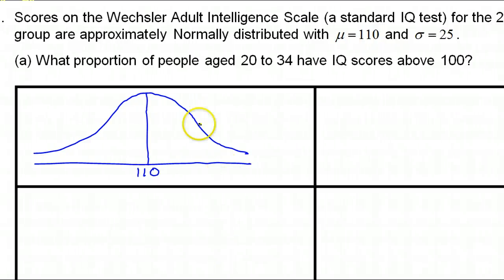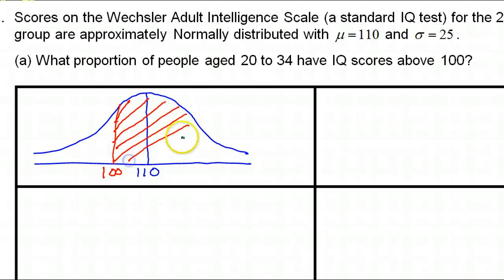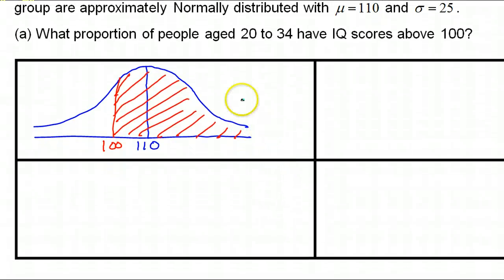All right, what proportion of the people aged 20 to 34 have IQ scores above 100? Okay, so 100 is a little bit to the left, so we'll just throw 100 over here. They said above 100, so that means you should shade in this part of the graph, because this is the part that's above 100.